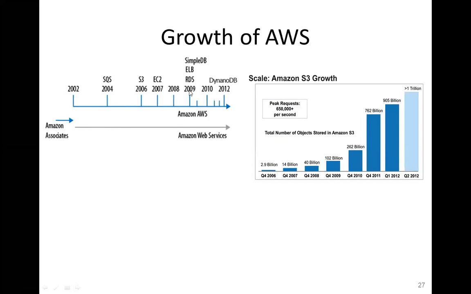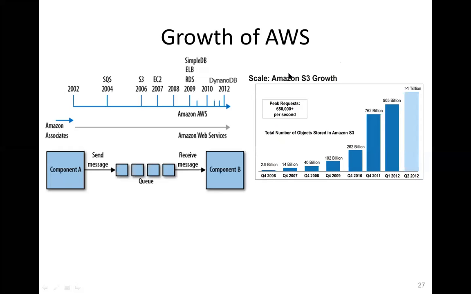With the passage of time, they developed other services like SimpleDB, ELB, RDS. In 2012 came DynamoDB and other databases. Now in 2020, it has grown larger. They have left a global footprint.